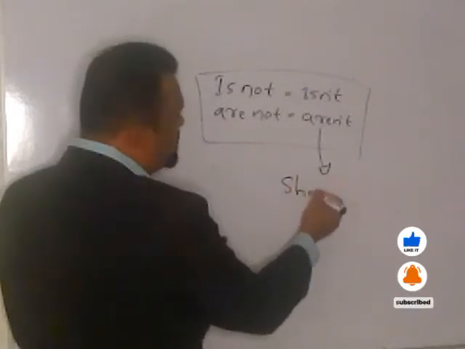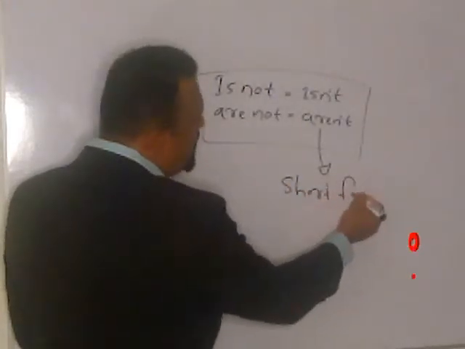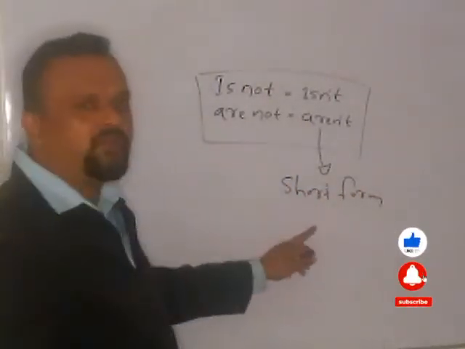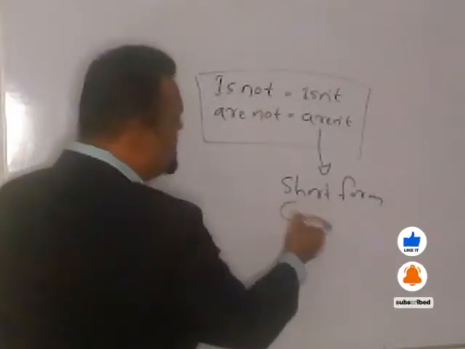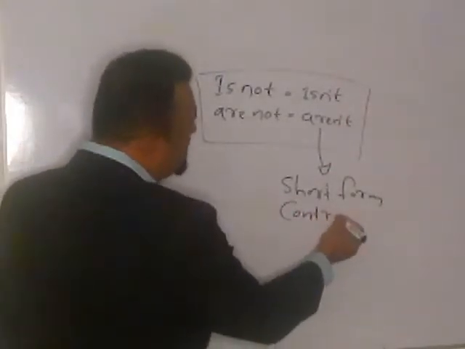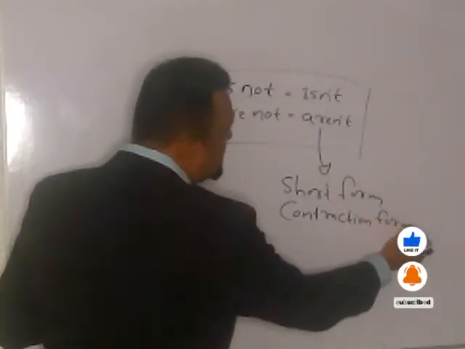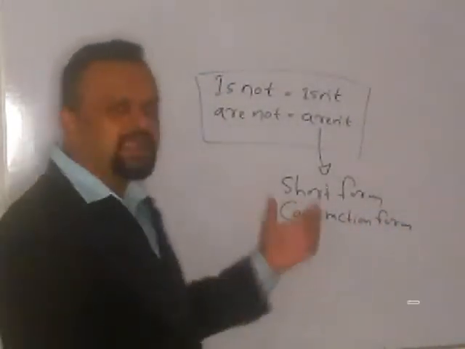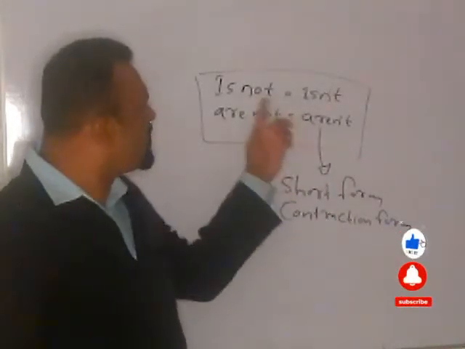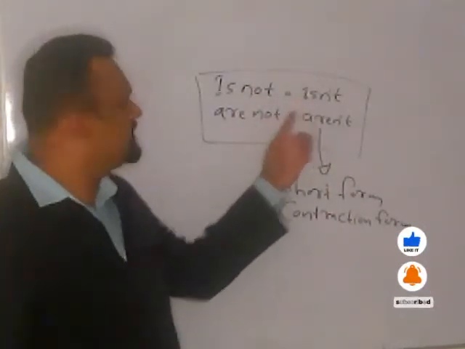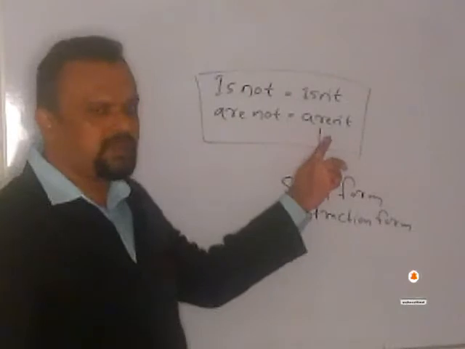We call this short form or contraction form. Now I think you can understand the short forms of is not, isn't, are not, aren't.